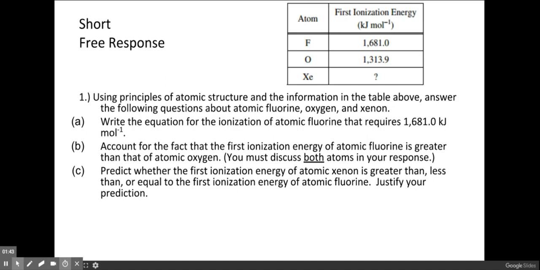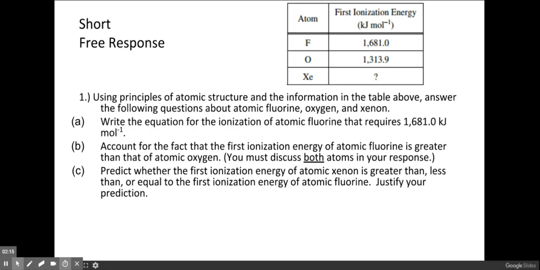In addition to that, we want to look at the other term from Coulomb's law, that distance term. Remember, Zeff is one of those things we talk about as we move across a period, but as we go down a group, we're talking about distance because we're adding energy levels on, and so distance is a group trend explanation.